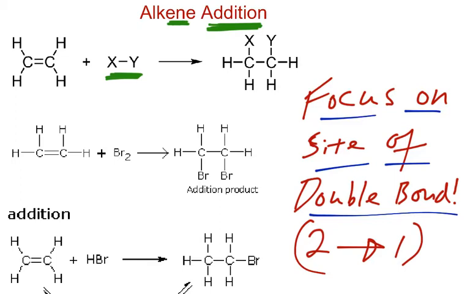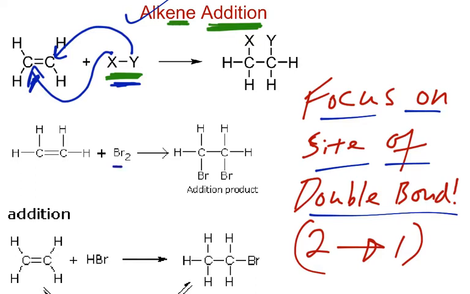In this case, we're dealing with alkenes, so we have a double bond. One of these atoms from the two-atom molecule goes to one of the carbons. The other goes to the other carbon in the double bond. You might ask, if I switch the X and the Y around, it doesn't matter. As long as you put both of these at the sites where the double bond exists, you're good to go.